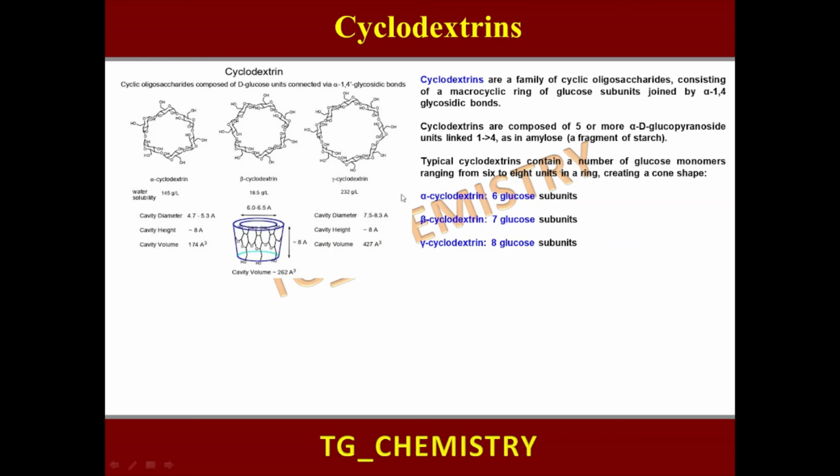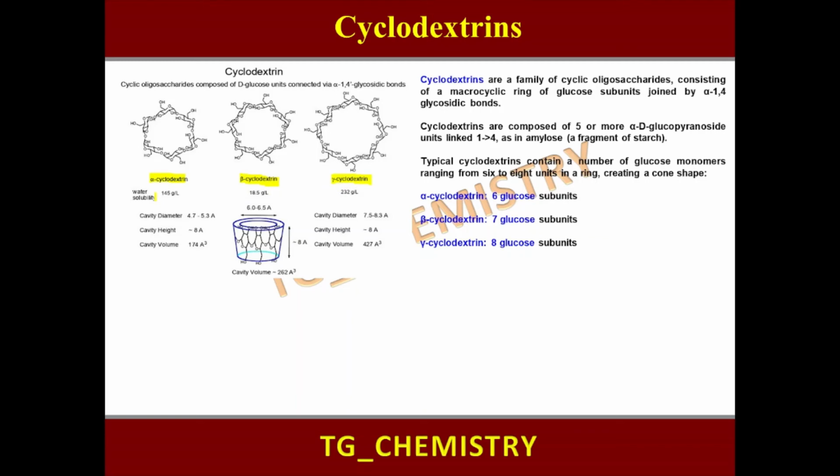Here you need to understand that from alpha cyclodextrin to beta and gamma, the groove inside the macrocycle increases gradually, and their water solubility also changes.